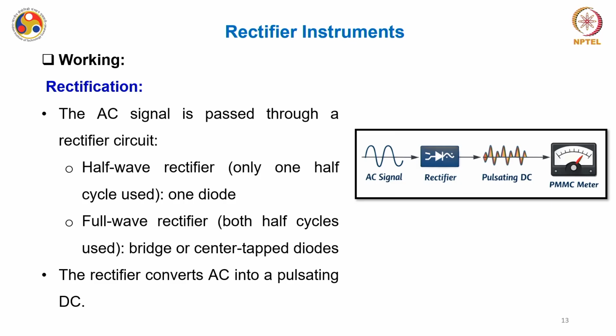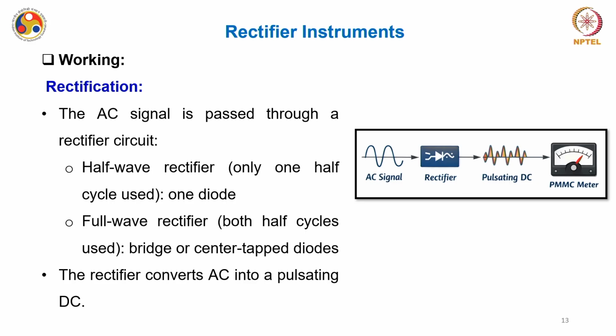Since we are considering this particular part in a bigger course on instrumentation, we may not be able to do justice to the rectifier part. So I suggest that you follow a good semiconductor device book where you can study more about rectifiers. If you know it well and good, and if you are not willing to do so, I think this discussion will have sufficient information about all these ways of rectification.